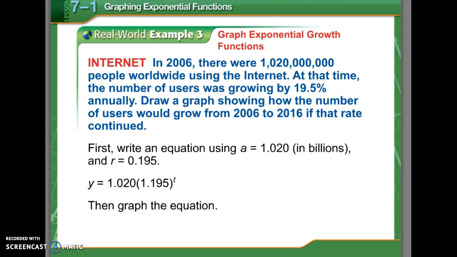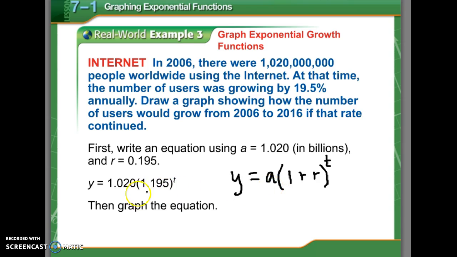It doesn't appear that they're going to tell you the formula off the beginning, but the formula for exponential growth is y equals a times 1 plus r to the t power. T is time, r is your rate, a is the amount of people, or whatever you're starting with, whatever the concept is.